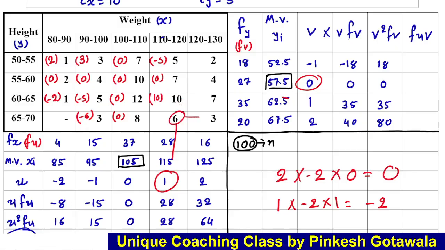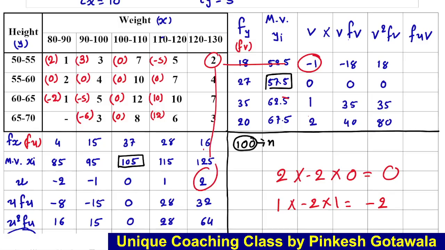Then 6, with 1 and 2, so 6 into 2 into 1, it would be 12. Now 2, this side -1, this side 2. -1 and 2, so 2 into 2 is 4, with -1, so -4. Then 4, here 2, here 0. Multiplied with 0, it would be 0.